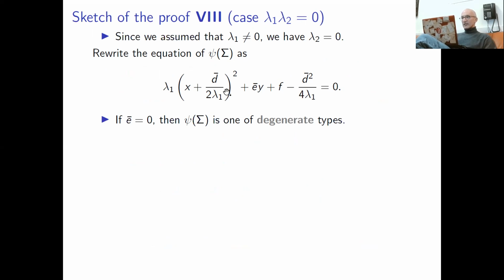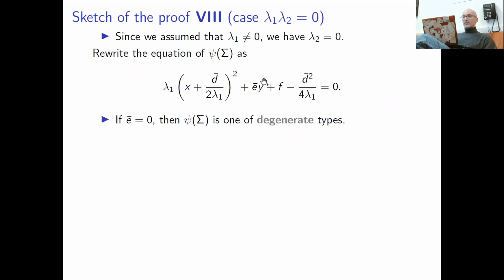And if you look at this, this is some number, positive or negative, it doesn't matter. But it may happen that, for example, this number e bar here is 0. If it is 0, then this is definitely a degenerate type. It can be either a union of two parallel lines, or it can be an empty set.